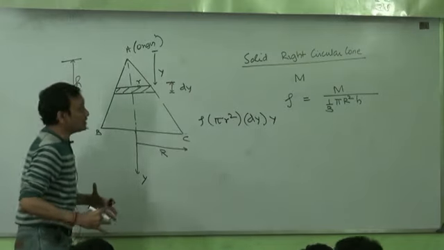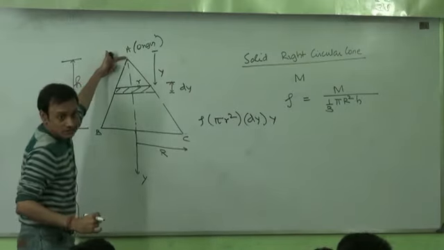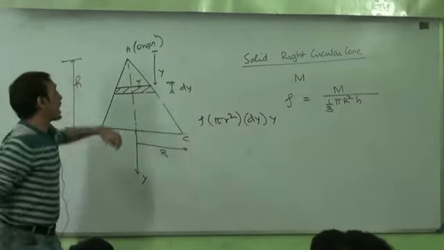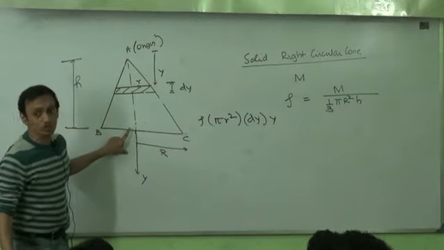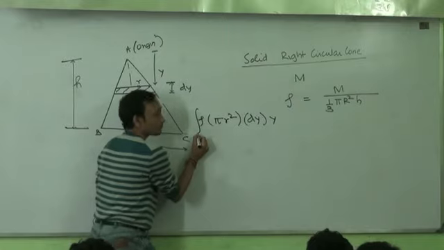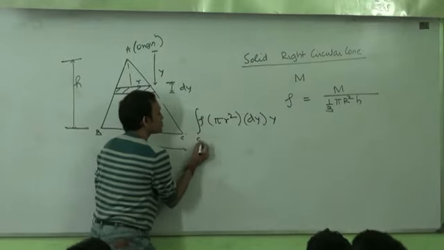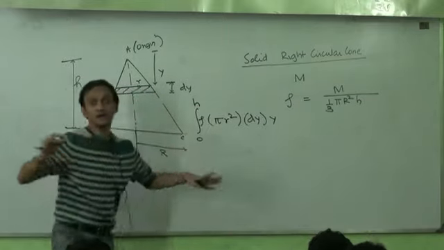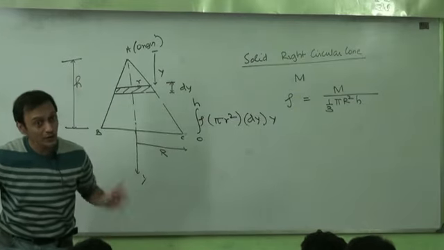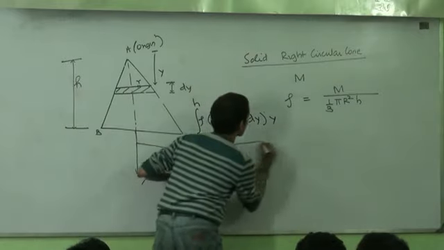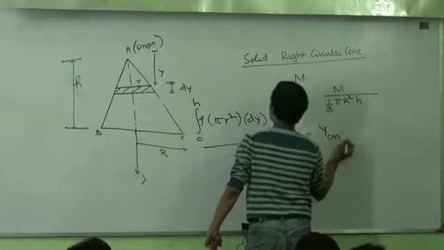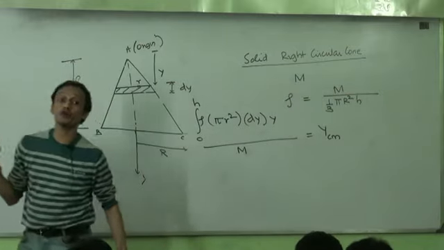I need to carry this out for all the disks, and sum up all such things from y equal to 0 to y equal to capital H. A summation of mi-yi divided by the total mass will give me the y coordinate of the center of mass.